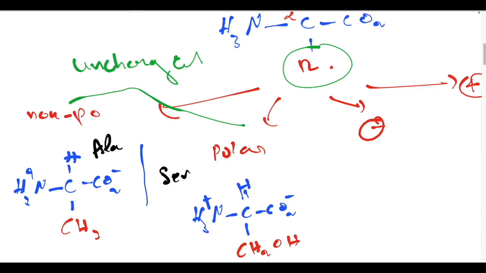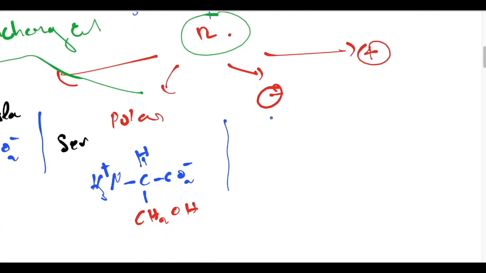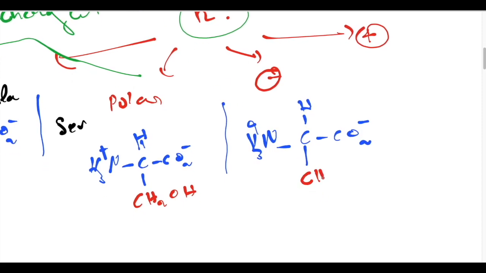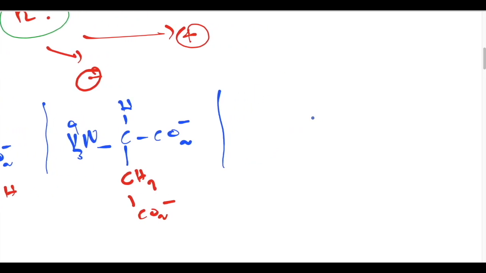Now the third class of amino acid has a negatively charged side chain, for example the aspartic acid with this structure. Here we have a negatively charged side chain, and the last one has a positively charged side chain.